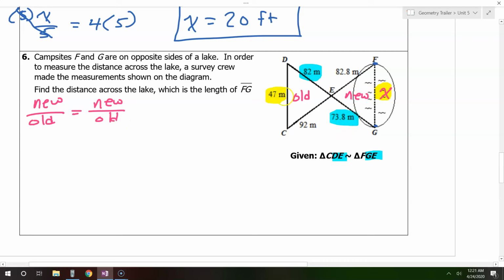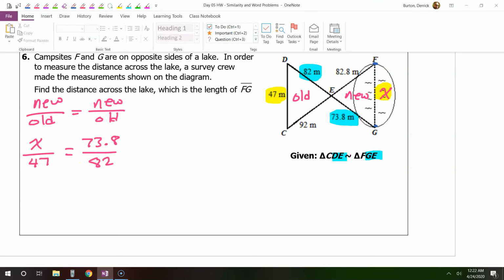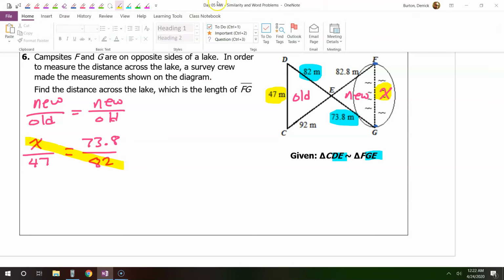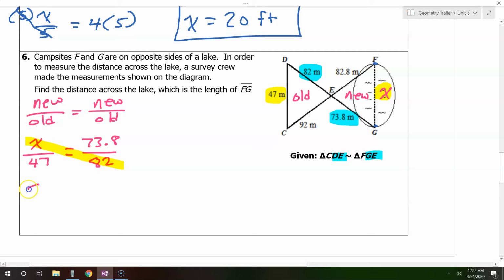Okay, for these yellow sides, new over old would be x over 47. Now for the blue sides, new over old would be 73.8 over 82. Time to cross multiply. All right, if we look at this diagonal, we have 82x equals.